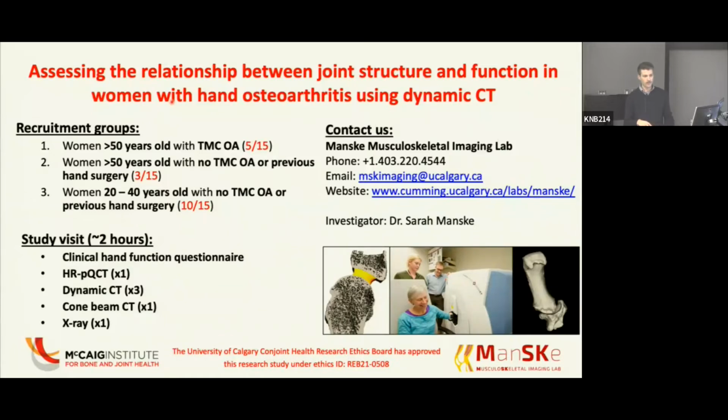Right. Primarily what I was interested in, but has been difficult to recruit, is earlier stages of osteoarthritis, where there are no clinical symptoms, but we do see radiographic changes. And what I was hoping to see is maybe some functional changes by looking at changes in joint angles between healthy and osteoarthritic or early stage TMCOA.